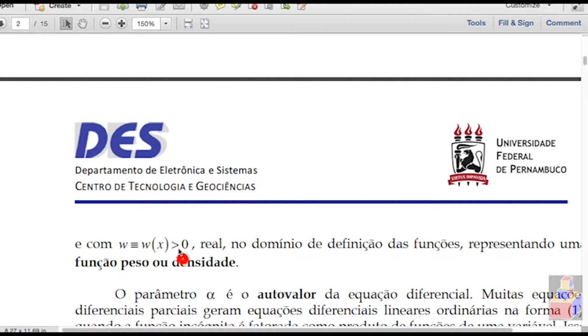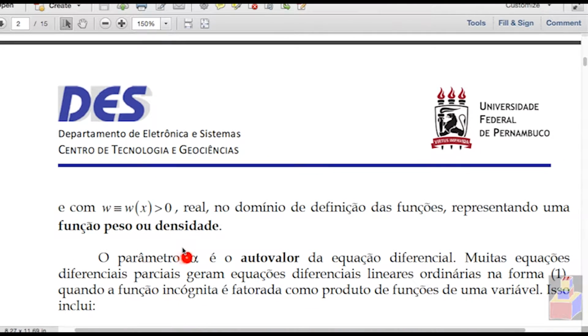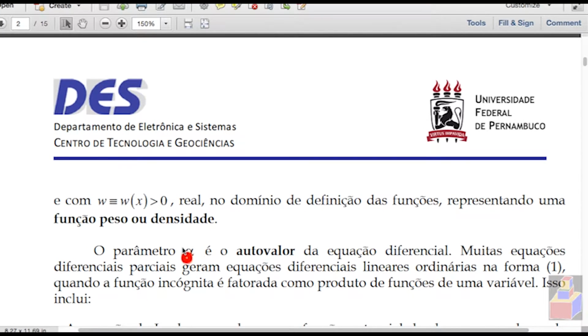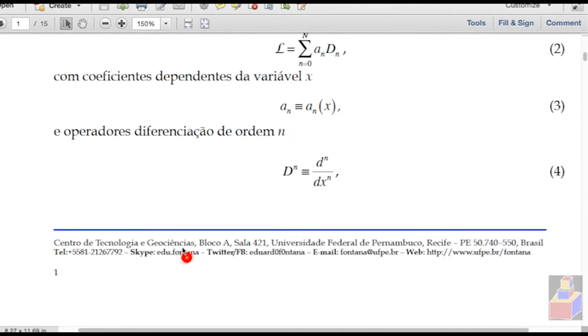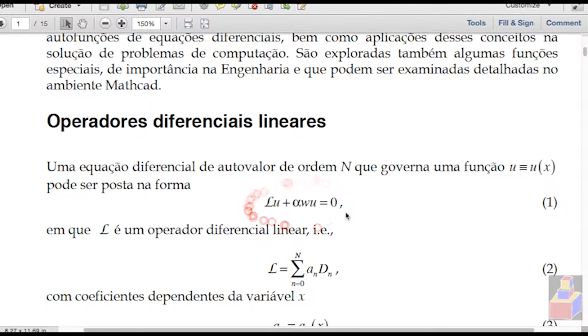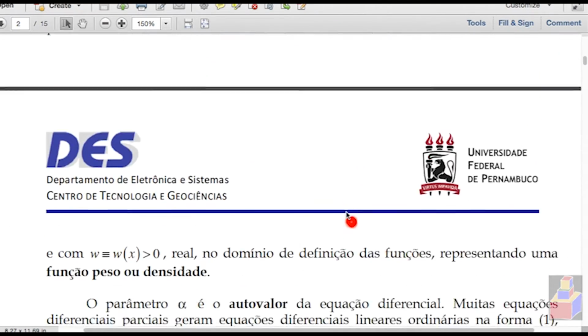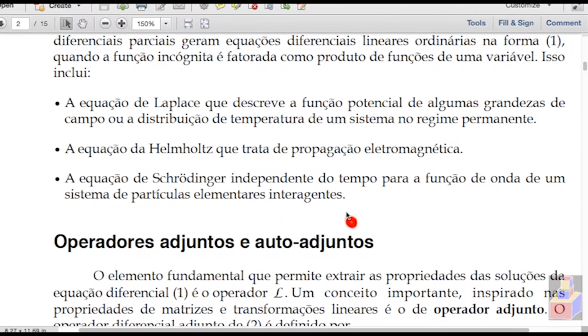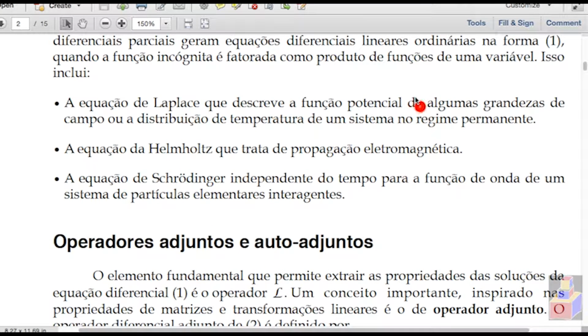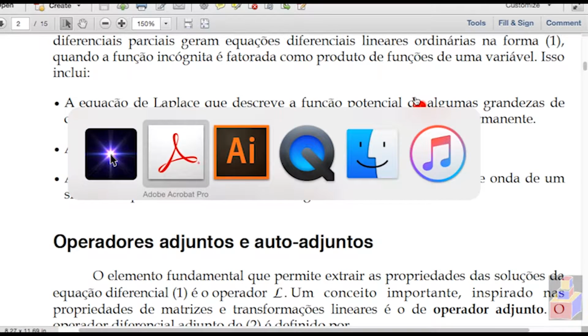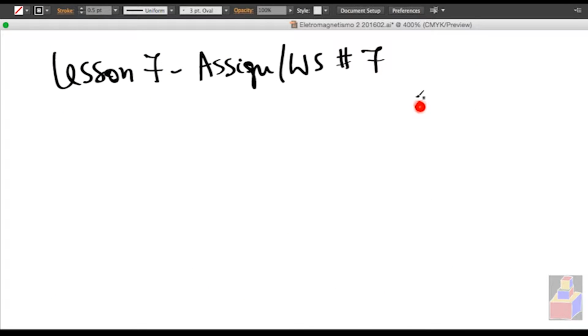Okay? So several differential equations can be cast into an eigenvalue equation like this. Several equations in engineering and physics, several well-known equations. One of them is the Laplace equation that describes a potential function in a closed domain.